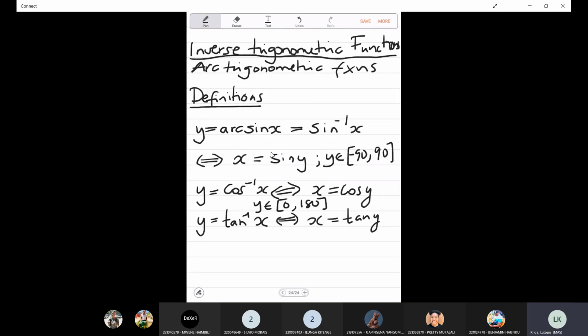And here, y is in the interval of minus 90 to 90, open brackets. Okay, so these are our angles in degrees.